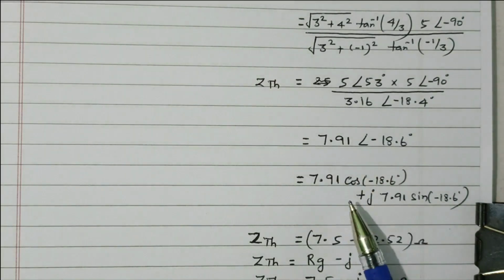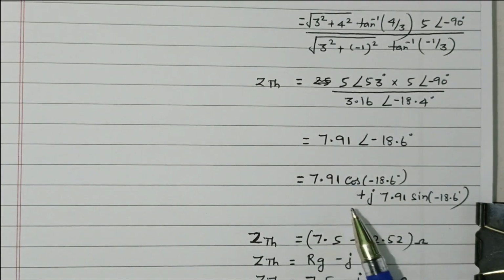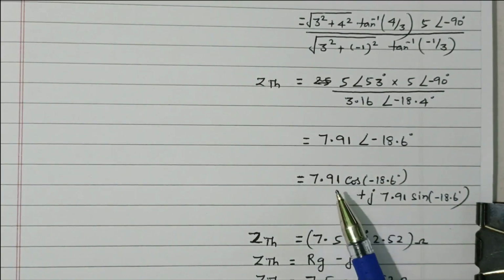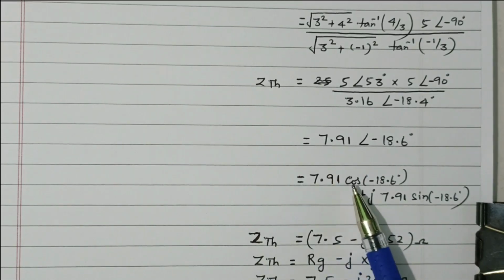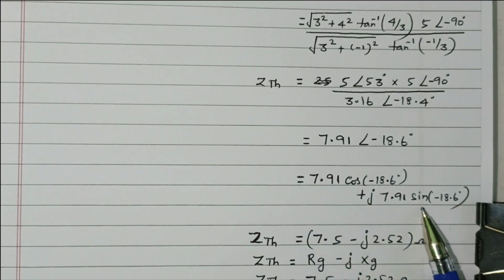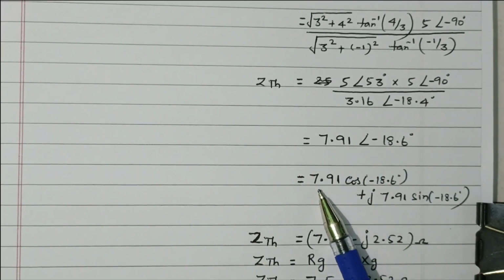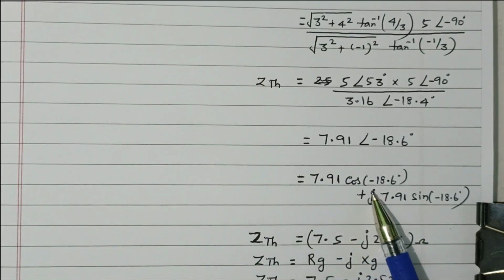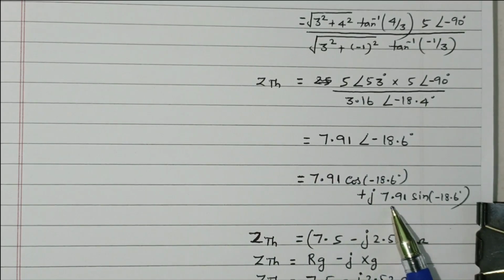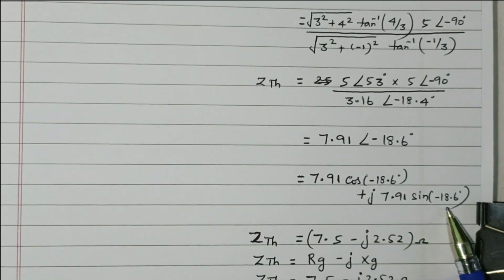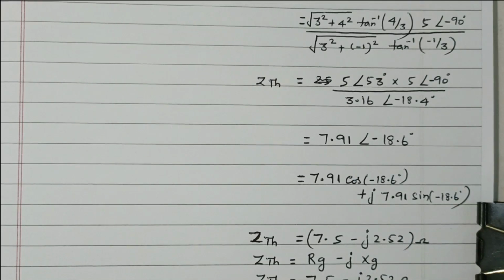So this should be converted into rectangular form for further process. To convert polar form to rectangular form, the magnitude into cos of angle plus j into magnitude sine of angle. So 7.91 cos minus 18.6 plus j 7.91 sine minus 18.6.